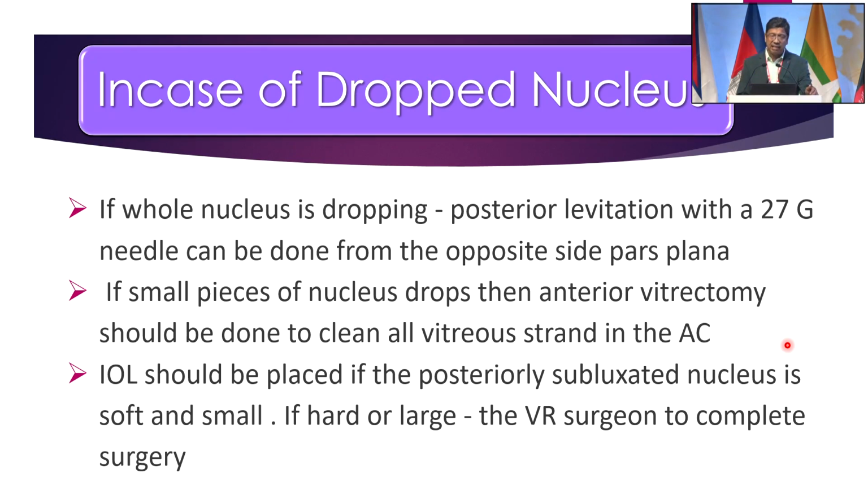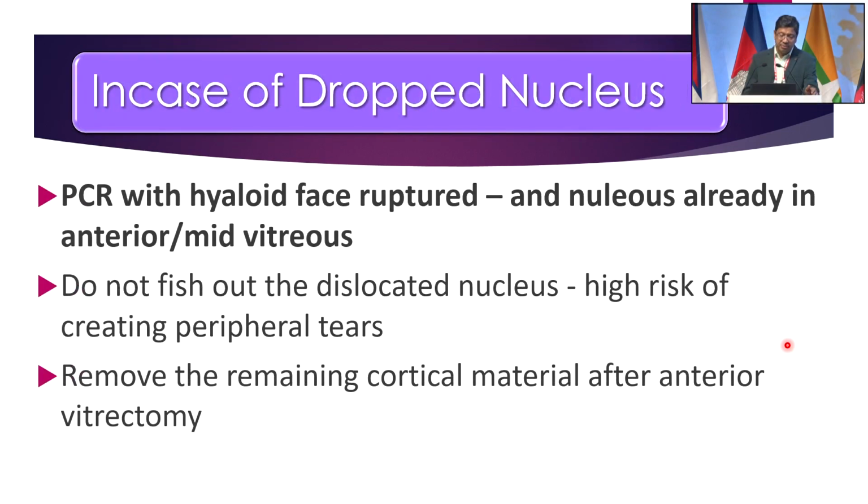If it is a hard or a large piece, then it is left to the VR surgeon to complete the surgery. PCR with hyaloid face, if it is ruptured and the nucleus is already in the anterior mid-vitreous, do not fish out the dislocated nucleus. It increases not only the tear, but it also increases the risk of retinal detachment by causing peripheral tractional tears.